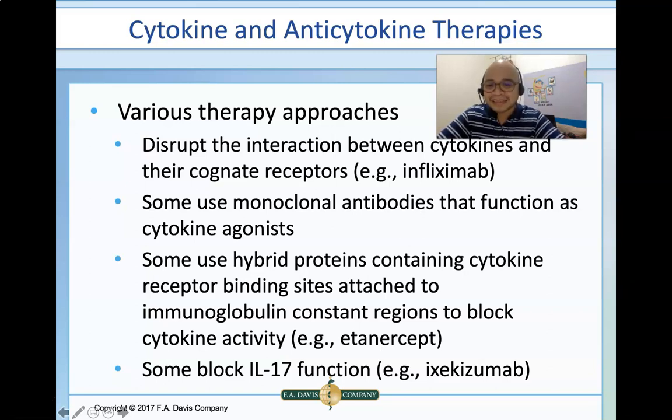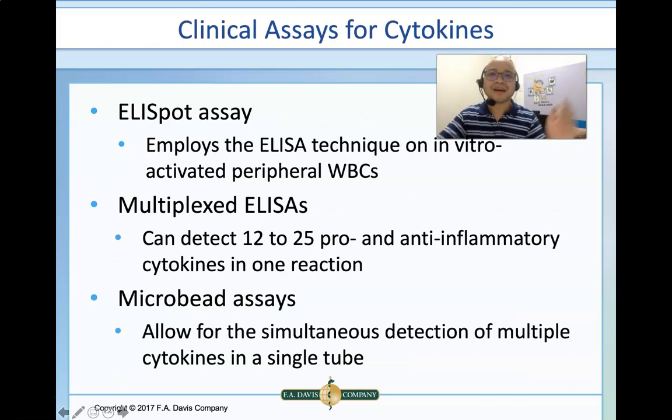Some will even block interleukin-17 function, such as ixekizumab. Okay, so how do we assay for cytokines? We can do the ELISpot assay, which is actually an ELISA technique, an enzyme immunosorbent assay technique on in vitro activated peripheral WBCs. Some are actually using the multiplex ELISA.